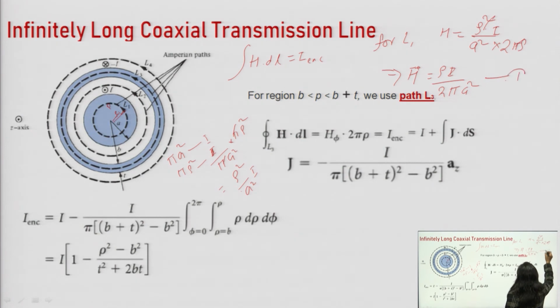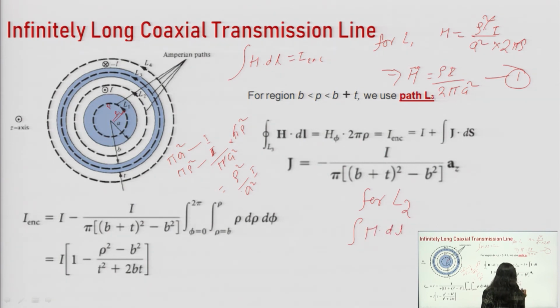This is equation 1. Similarly for L2, we can see that L2 is at point B. Here the total current enclosed is I. So for L2 we will apply the closed integral of H dot dl equal to I enclosed.